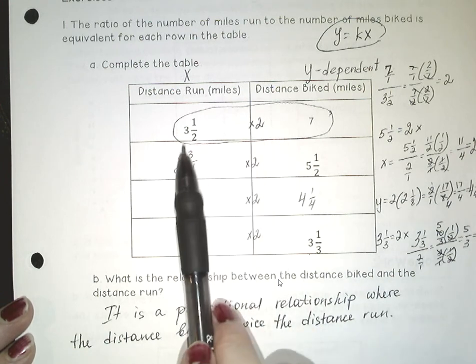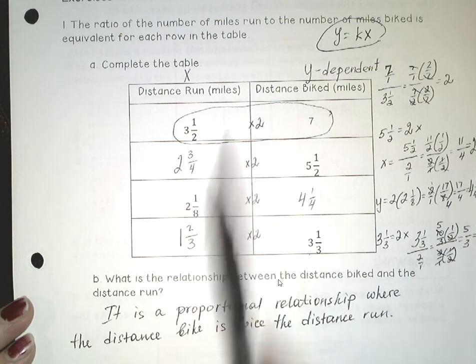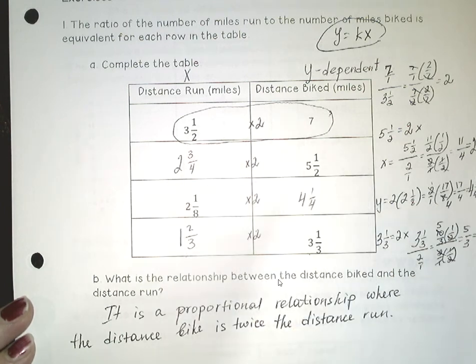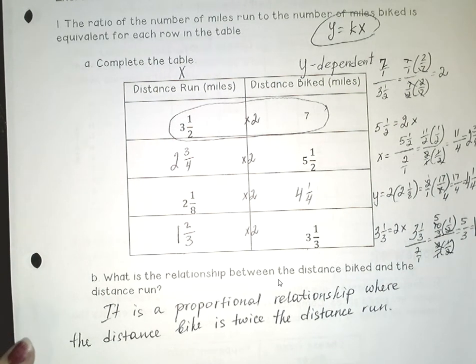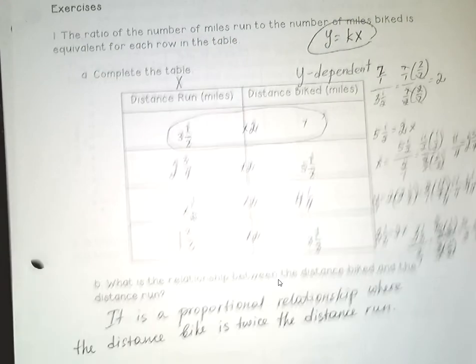So we are multiplying the distance run by 2, doubling it, and we are getting the distance biked. It is a proportional relationship because the constant of proportionality is still the same.